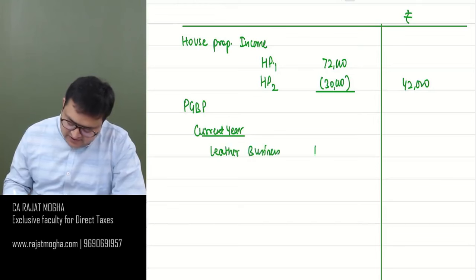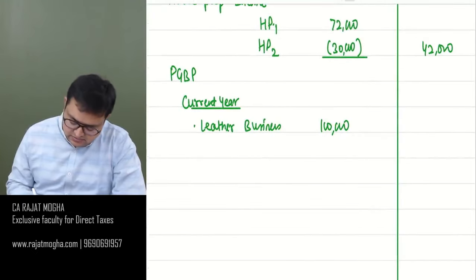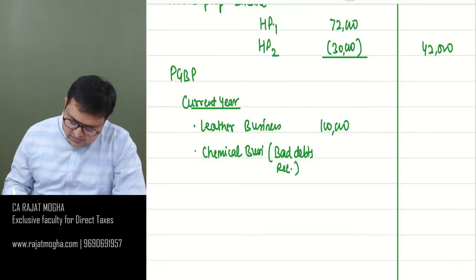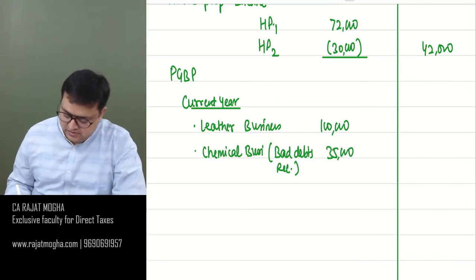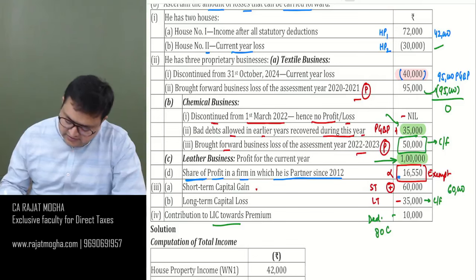Leather business 1 lakh. Chemical business, this is bad debts recovered, 35,000. And current year, there is a loss in textile business 40,000.